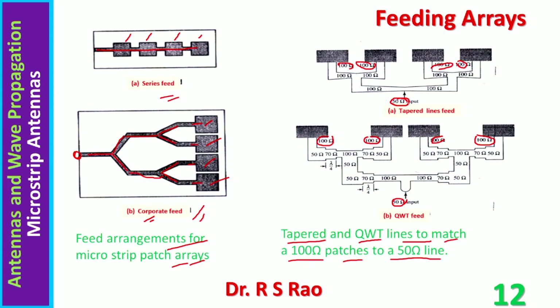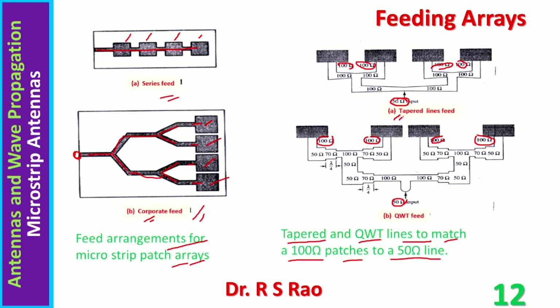How is the line connected to the patches? A direct connection between a 50 ohm line and a 100 ohm patch means a lot of impedance mismatch, leading to reflections, losses, and inefficiency. So one has to design a network through which impedance match is achieved between the input line and the patch.